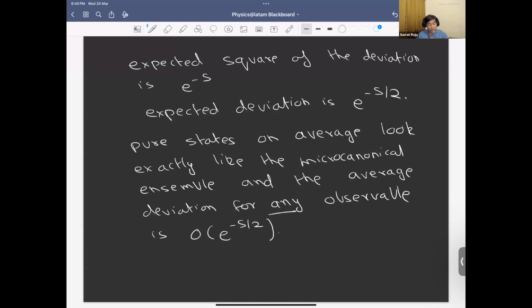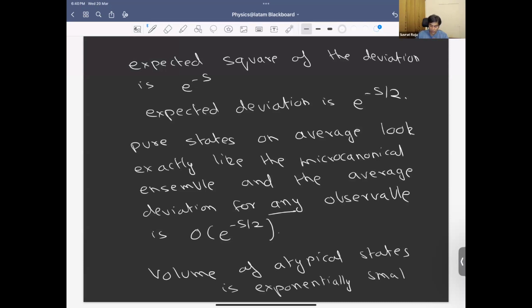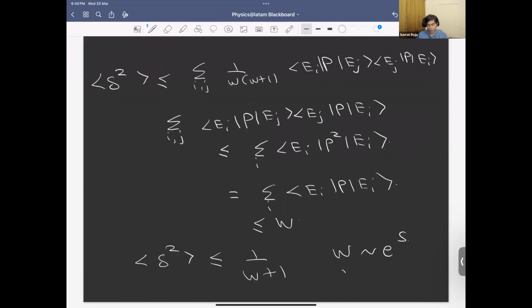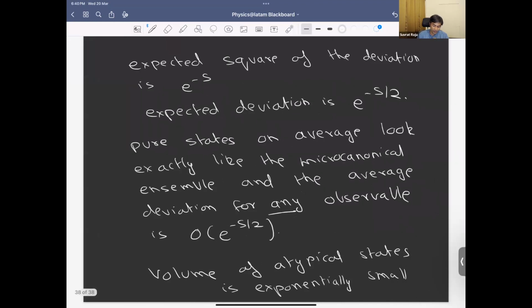Now, there could of course be some states that are atypical, which could have big deviations. But we also learned that the volume of atypical states is exponentially small, because if the volume was not exponentially small, they would contribute and they would change this integral. So these are very important physical results that you should really understand.